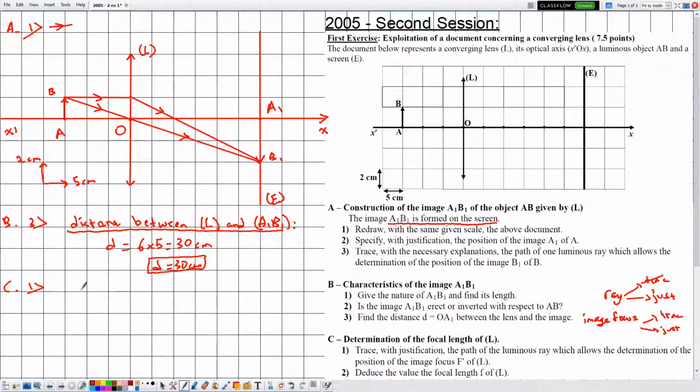Now let's do the justification. An incident ray issued from B parallel to the optical axis.